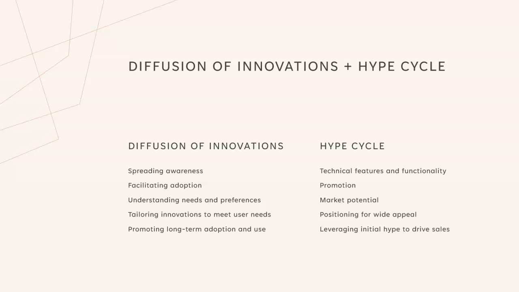It's concerned with promoting long-term adoption and use. Under the hype cycle model, we're more concerned with technical features and functionality, promotion, market potential, positioning for wide appeal, and leveraging that initial hype to drive sales.